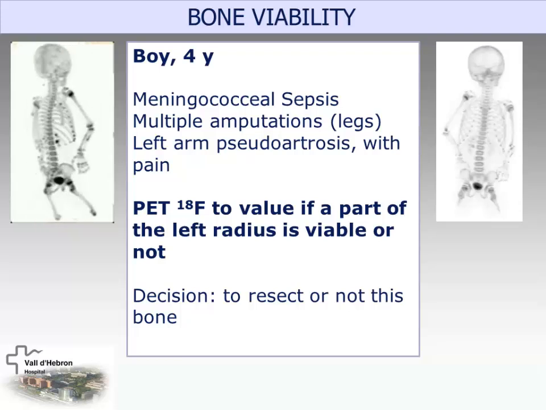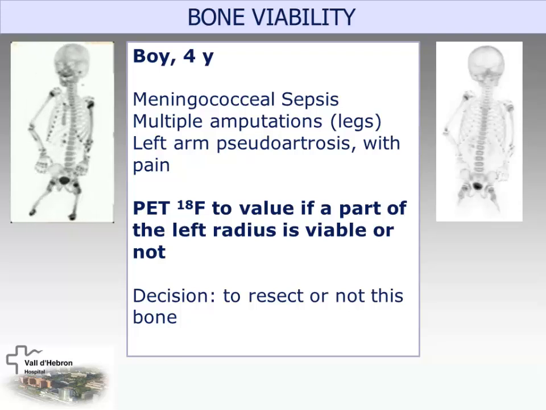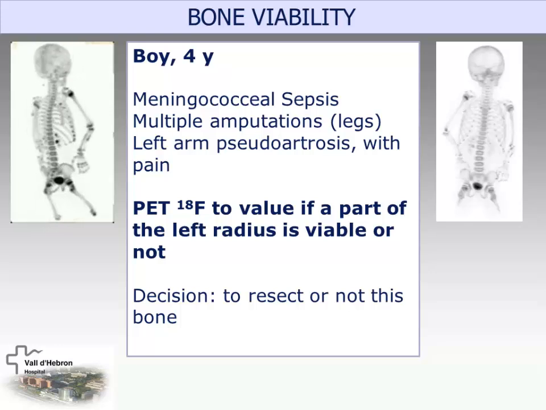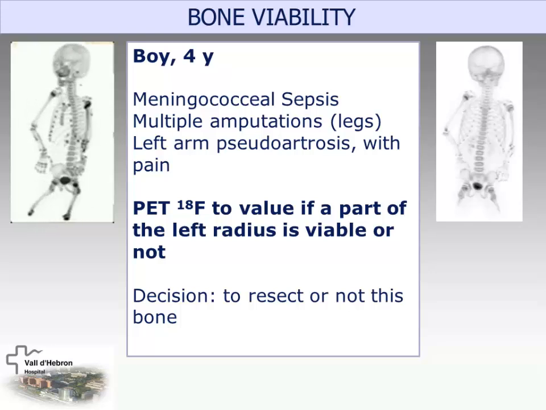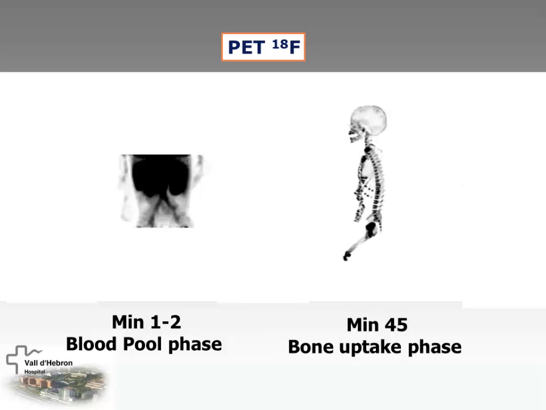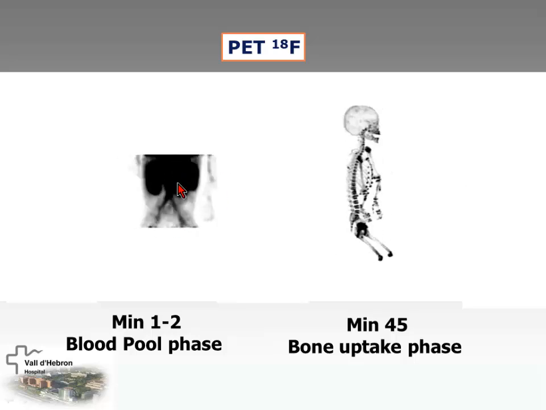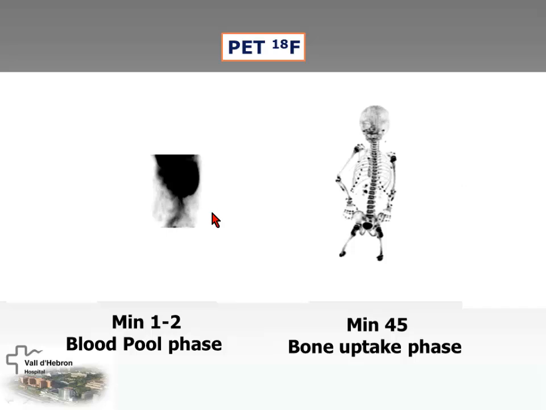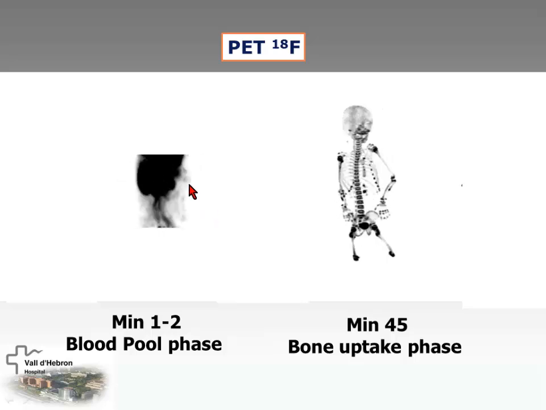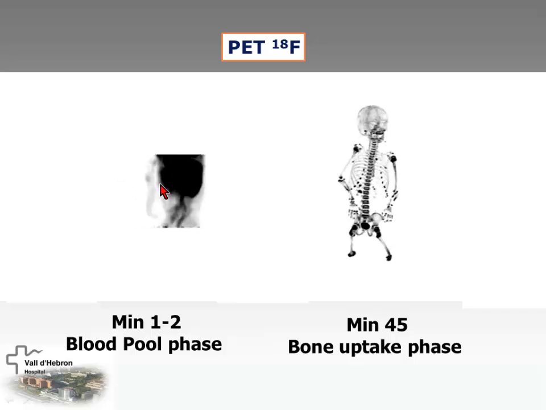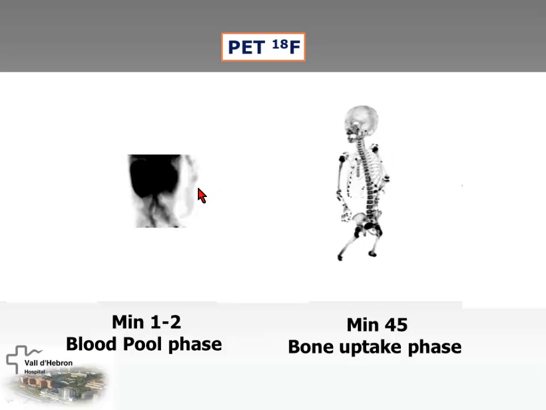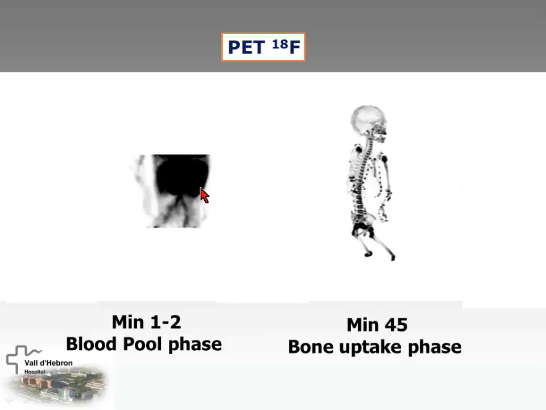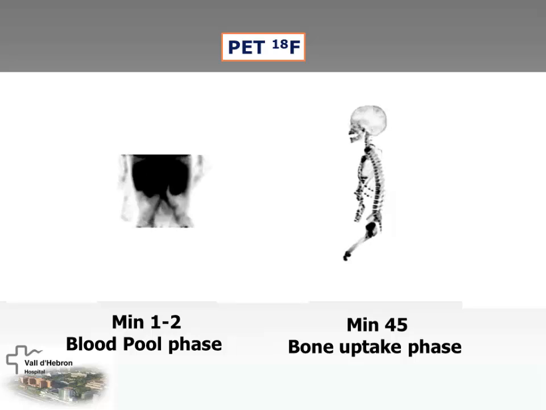Here you see the planar image with superimposition on the right, or the MIP image on the left. And here on the left, you can see the blood pool image in order to see the inflammatory process, and in fact, it was an inflammatory process on the shoulder arthrosis.